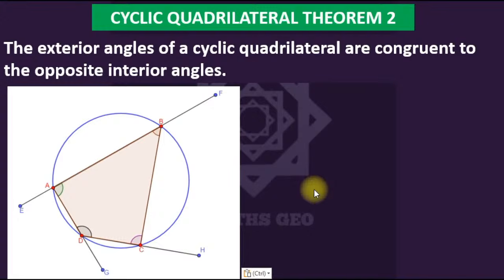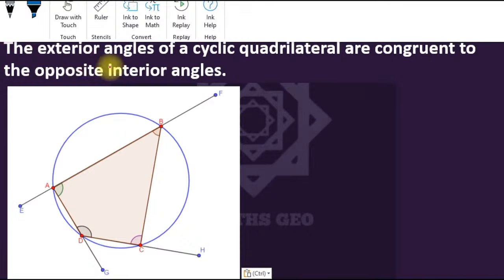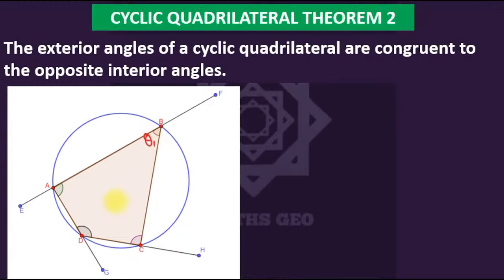So we see that we have exterior angles here. If here is theta 1, the interior angle here, while the exterior here is theta 2. If you have an interior theta 3, while the exterior here is theta 4.